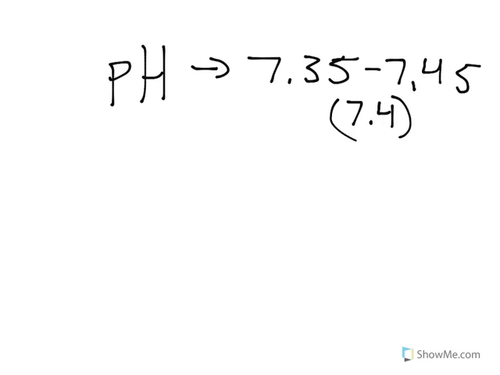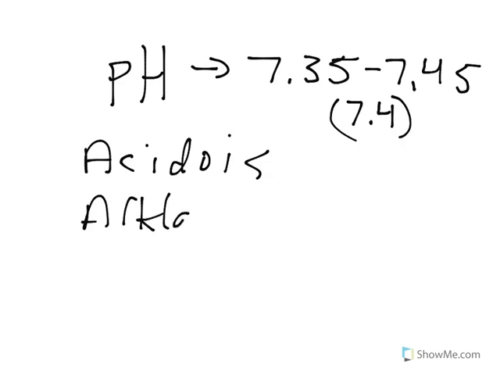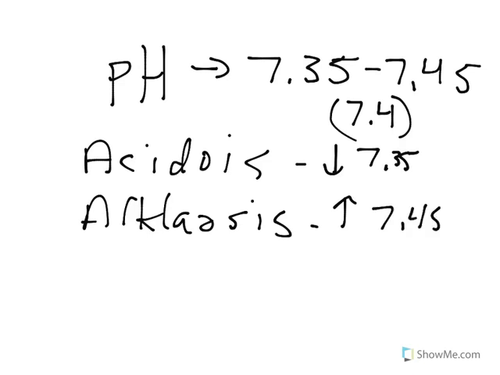There are two conditions we're going to be interested in: acidosis and a special type of condition called alkalosis. First, we'll go more in depth on these two momentarily. If you're in acidosis, your pH is below 7.35, and if you're in alkalosis, you're above that 7.45 range.